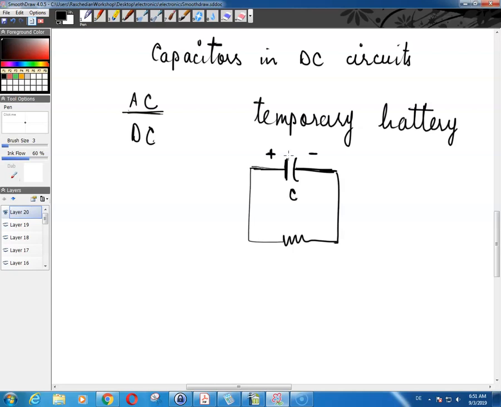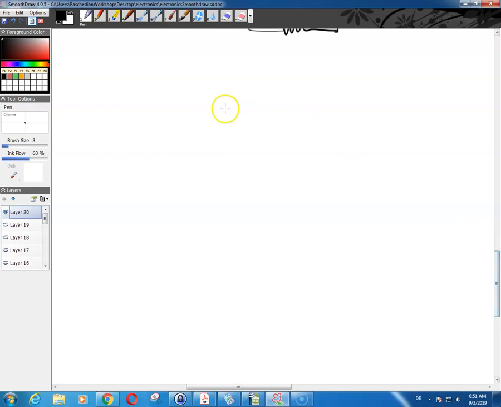Now, for example, suppose that you have a capacitor connected to a battery. You have this battery connected to a resistor, and this resistor is connected to a capacitor, and this capacitor is connected back to the negative pole of the battery.